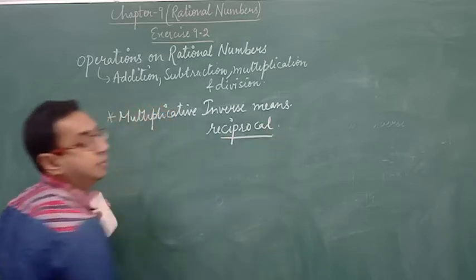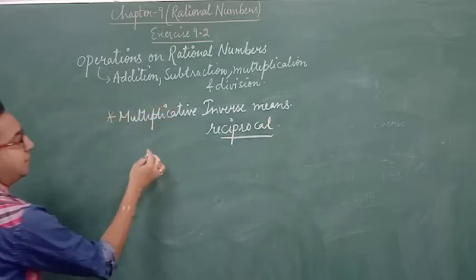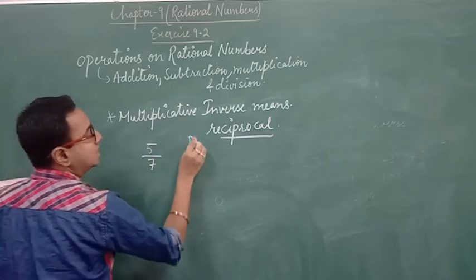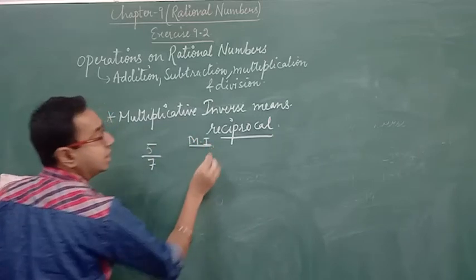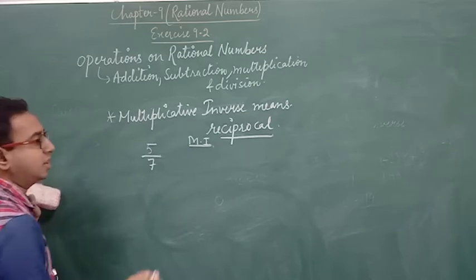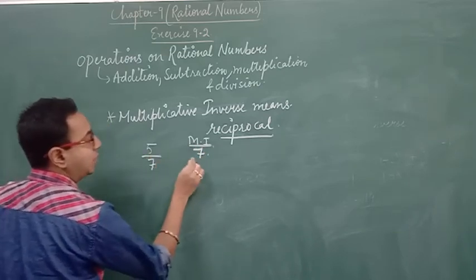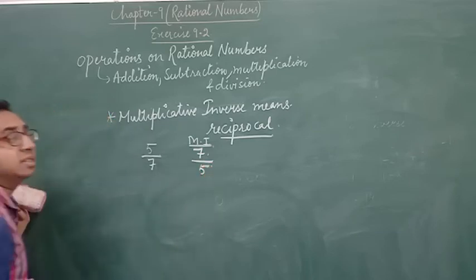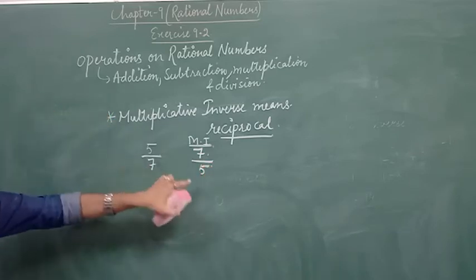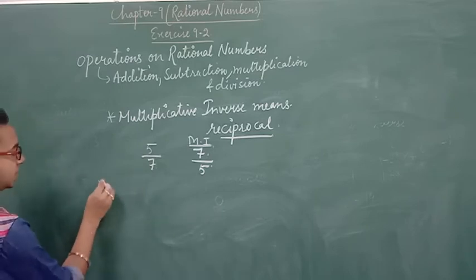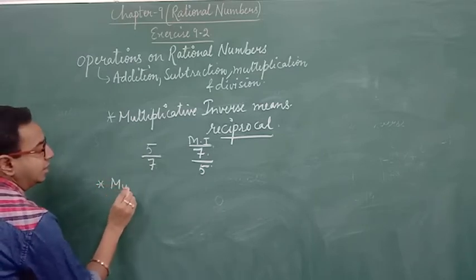For example, I am having 5 by 7. What is the MI? MI means multiplicative inverse. Reciprocal means denominator will become numerator and numerator will become denominator. Hence 7 by 5 is the multiplicative inverse of 5 by 7. Are we clear?